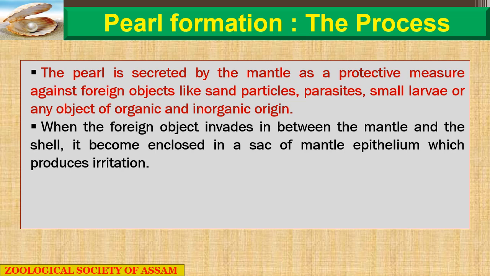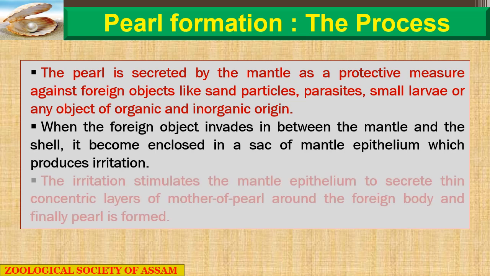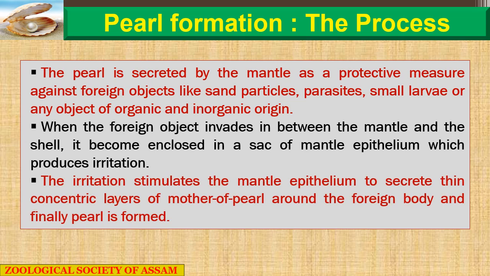When the foreign object invades in between the mantle and the shell, it becomes enclosed in a sac of mantle epithelium which produces irritation. The irritation stimulates the mantle epithelium to secrete thin concentric layers of mother of pearl around the foreign body, and finally the pearl is formed.